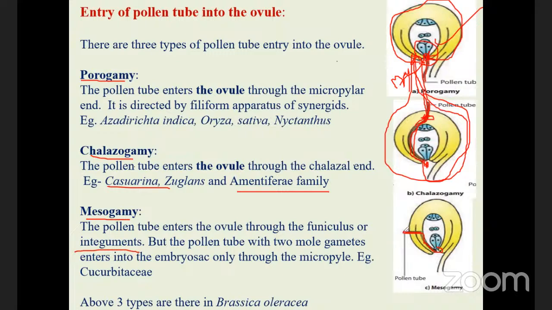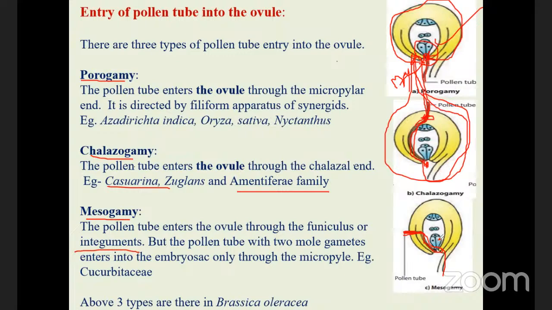Though it comes from the funicle or from the integument, it must reach through the micropylar end only. Whatever the way the pollen reaches the ovule, it must enter the ovule through the micropylar end only. That is the commonest type, porogamy.